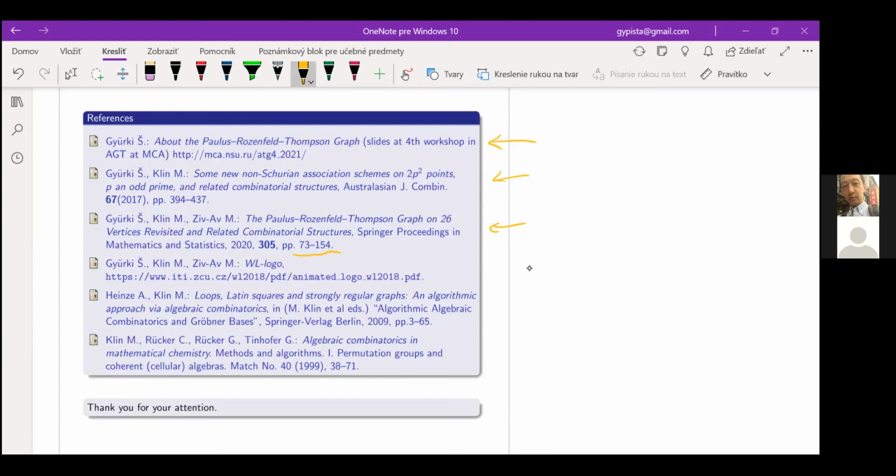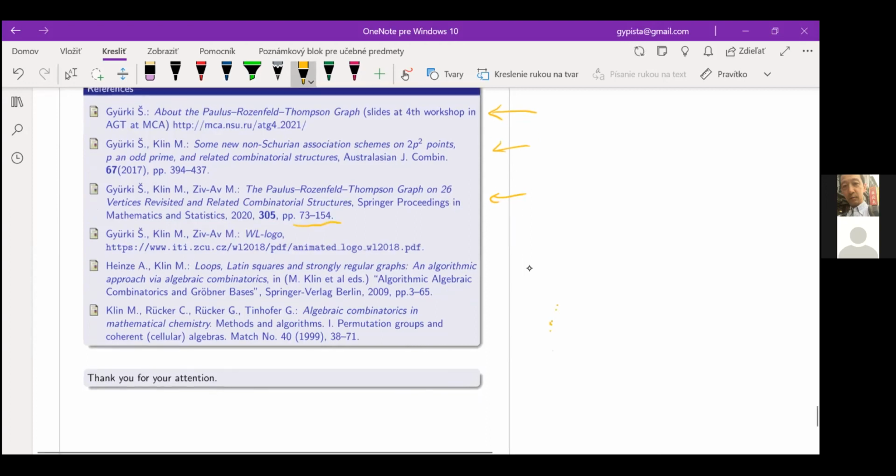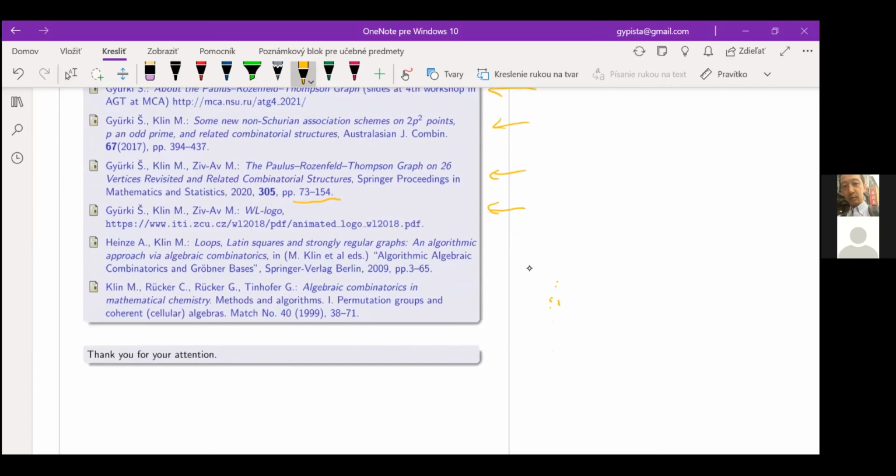So here I was just saying a few words from it. And what I was mentioning, the conference in Pilsen and the description of this graph as the logo of that event can be found in that web page.